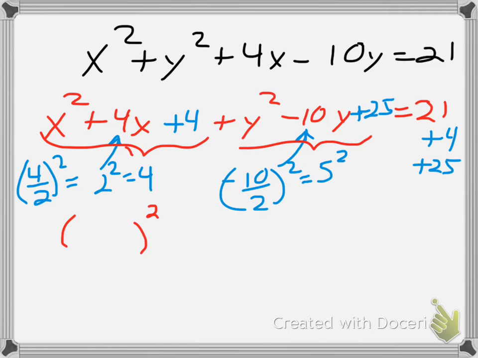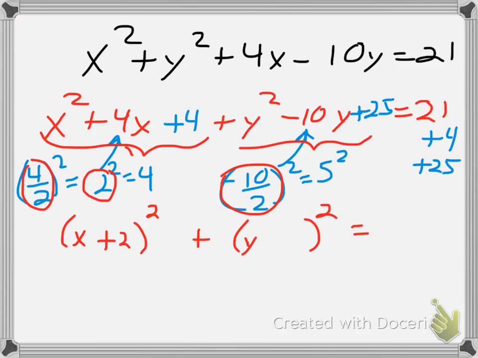I know that each one of these is going to be a quantity squared, and I know it's going to have, for the first one, an x, the second one a y. The simplest way that I like to look at it is, what's my b over 2 value? The b over 2 in the first case was 4 over 2, which reduced to a positive 2. So that goes directly in my parentheses. Same thing over here.